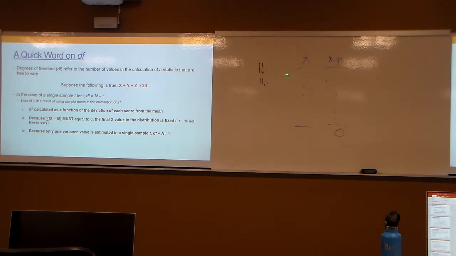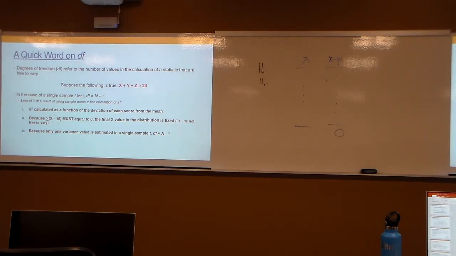So whatever that last value is has to make the sum equal 0. What we would say is the final value in this distribution is fixed. It's not free to vary; it's predetermined based on the values that have come before it. Because we're only estimating one variance within our single sample t statistic, mathematically we would say that our test statistic has n minus 1 degrees of freedom.